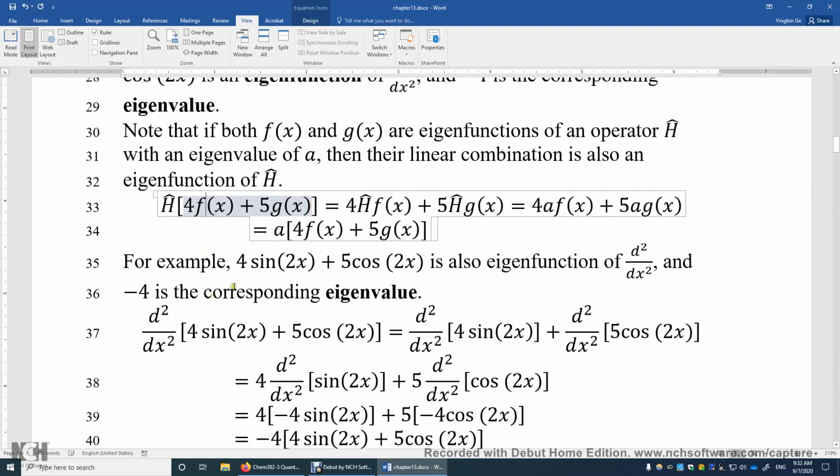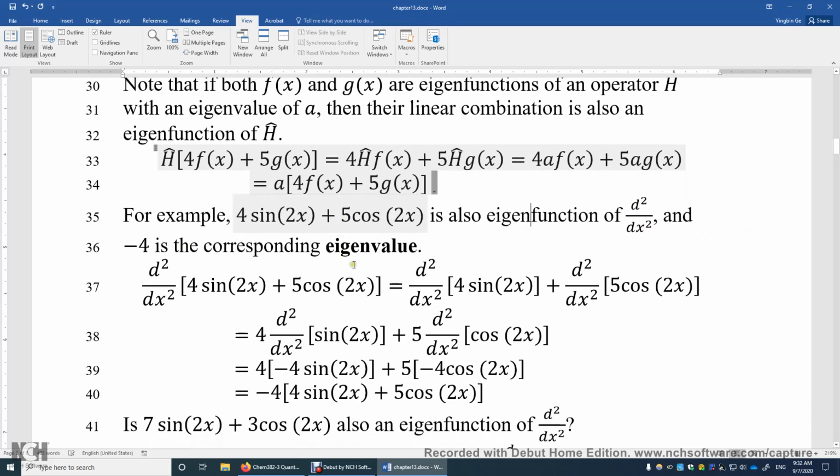Now let's look at one more specific example. 4 times sine 2x plus 5 times cosine 2x is also an eigenfunction of the second derivative operator. Negative 4 is the eigenvalue. So we can do this: we apply the second derivative operator to the linear combination of sine 2x and cosine 2x.